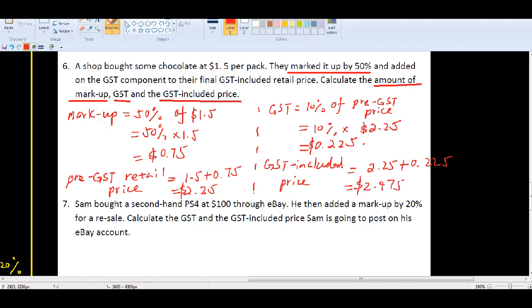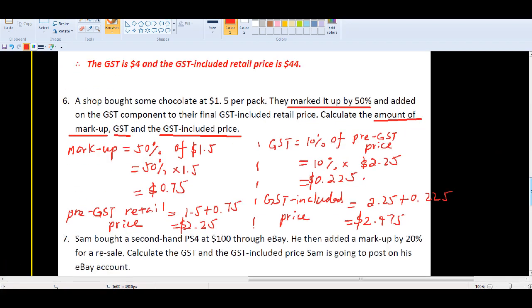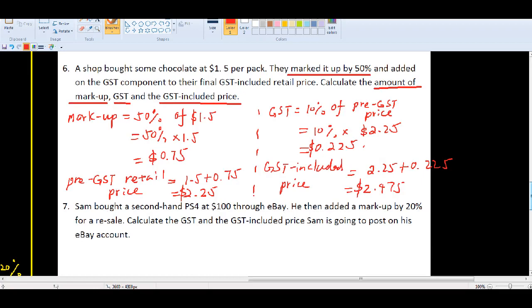I'm not going to write the answer, but you write the final sentence, and you should know that you need to write that in the examination. So the markup will be 75 cents, GST will be 22.5 cents, and the GST included price is $2.47.5. Okay, so that's how we do question 6.